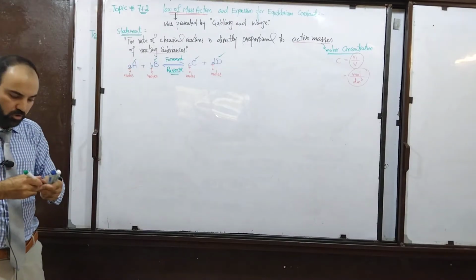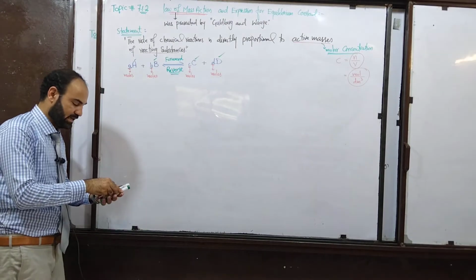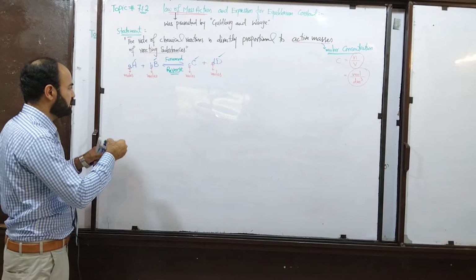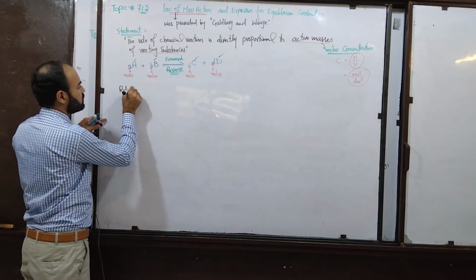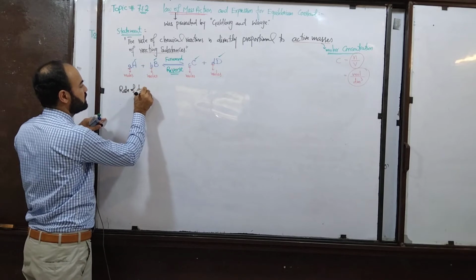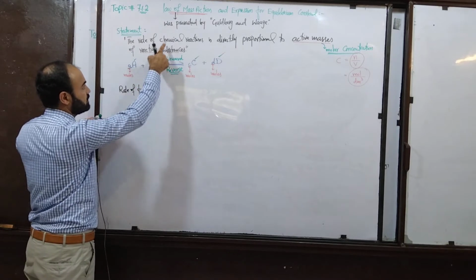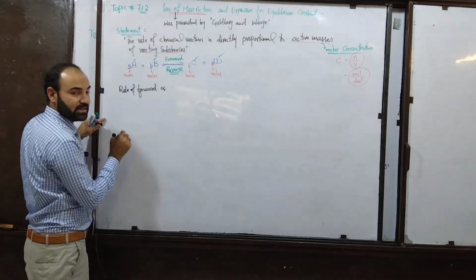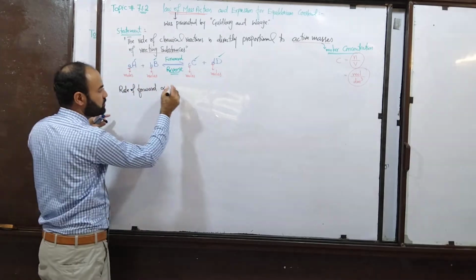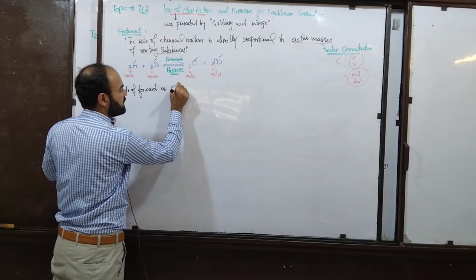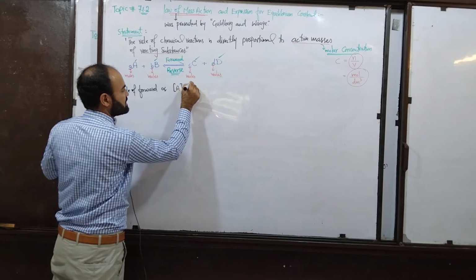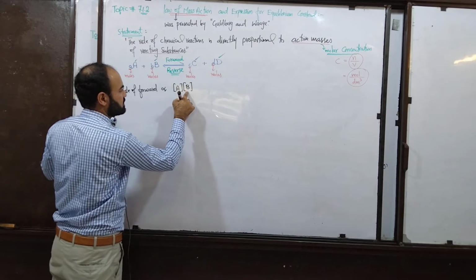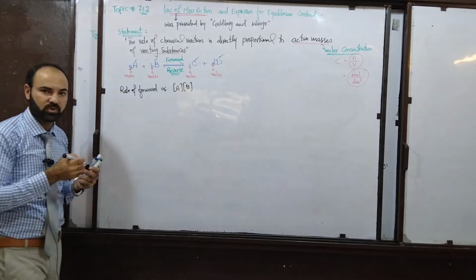So look, I can write it as: the rate of forward reaction, according to this last statement, is directly proportional to the concentration of reacting substances. Concentration is represented by the square brackets, like A and B in square brackets.